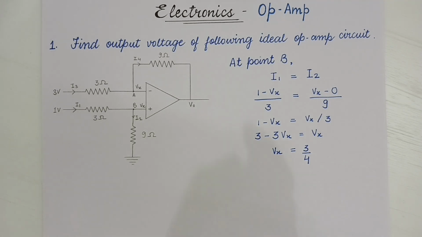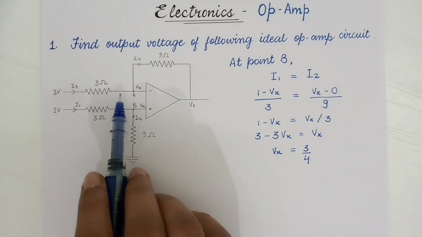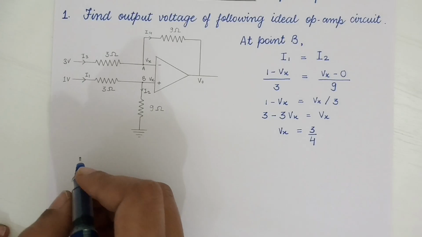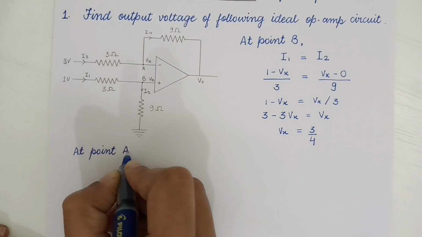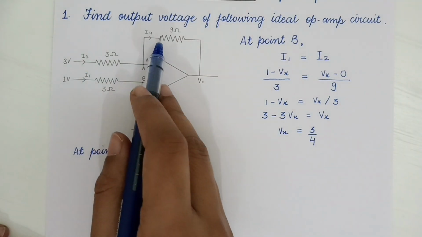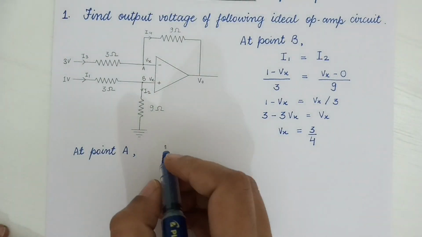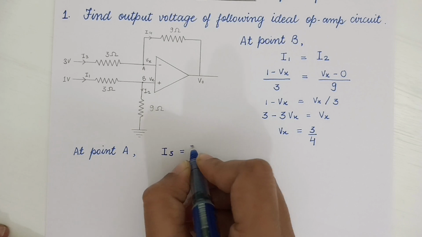Similarly, we will solve for point A. Here the incoming current is I3 and the outgoing current is I4. So putting them equal, we will write at point A, I3 is equal to I4. Incoming current is equal to outgoing current.